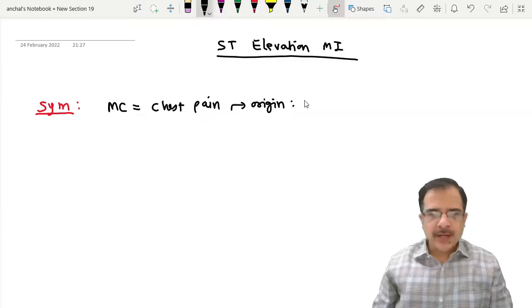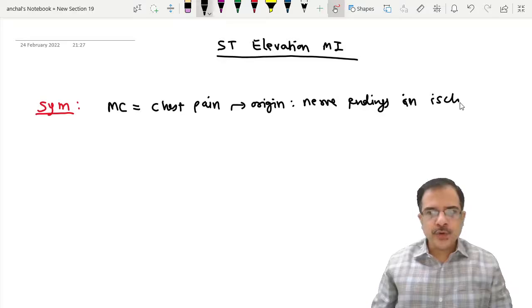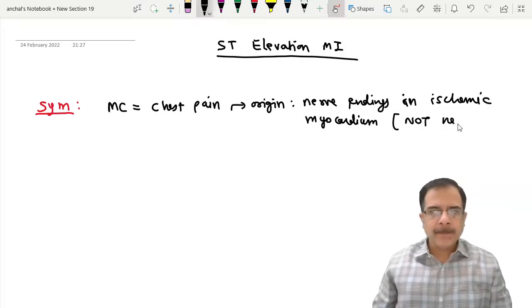from the nerve endings in ischemic tissue or ischemic myocardium, and not necrotic myocardium.